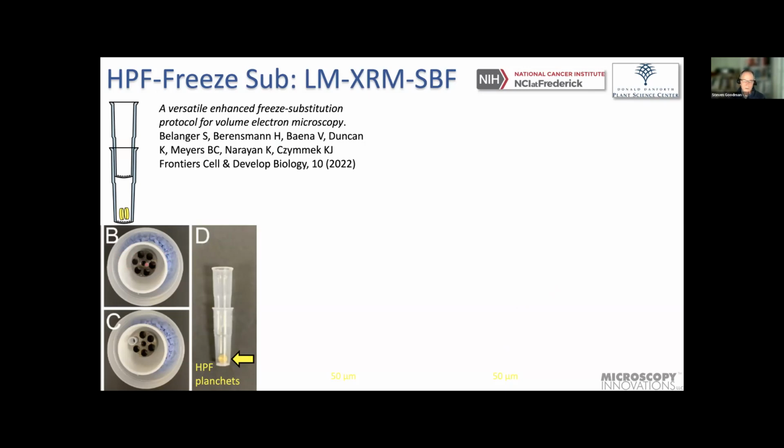They're using the CPD cryo holder, surrounded by Drierite to keep things dry, and they're using the stack capsules to do the post high pressure freezing freeze substitution.